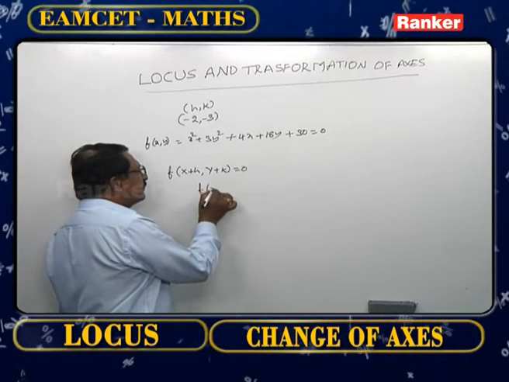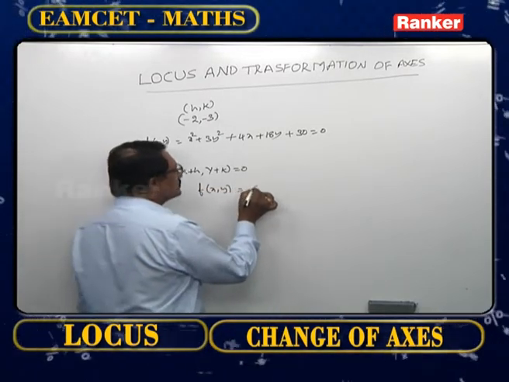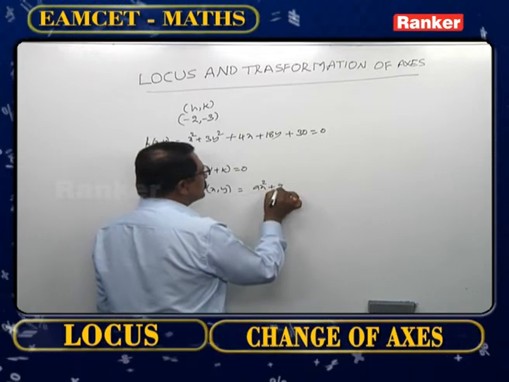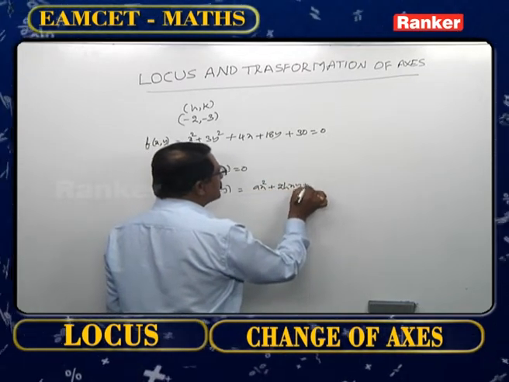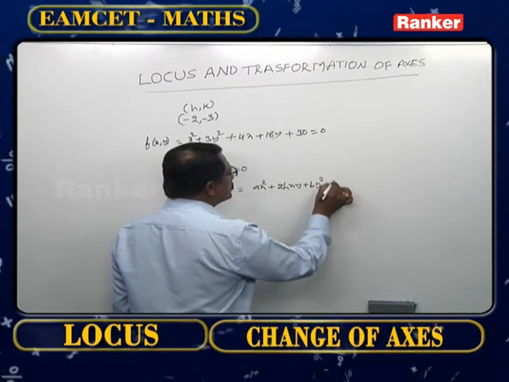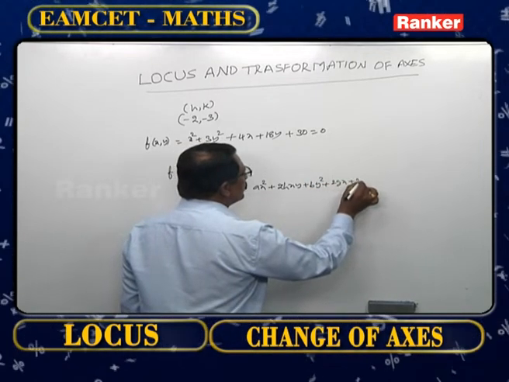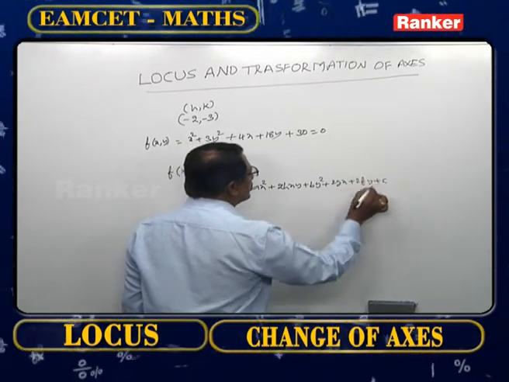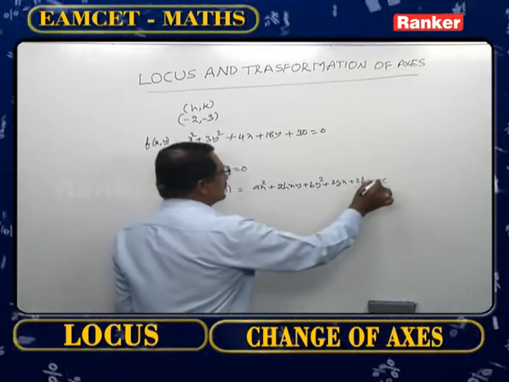Suppose f of x comma y equals ax square plus 2hxy plus by square plus 2gx plus 2fy plus c equals 0.